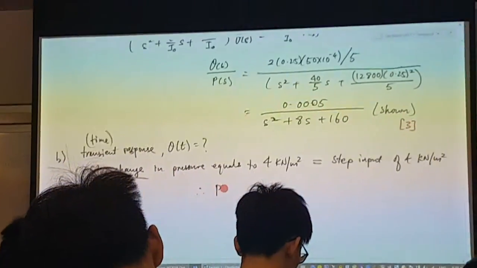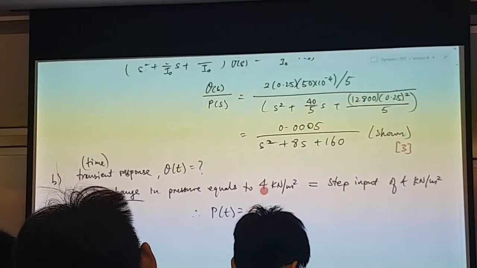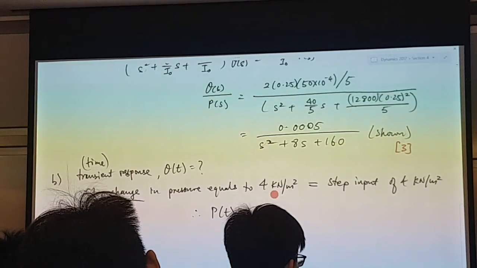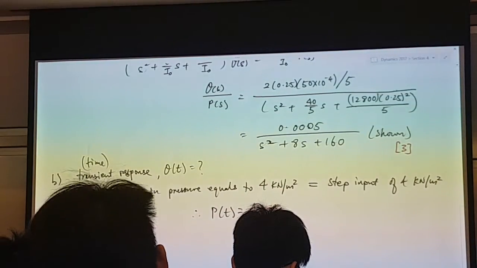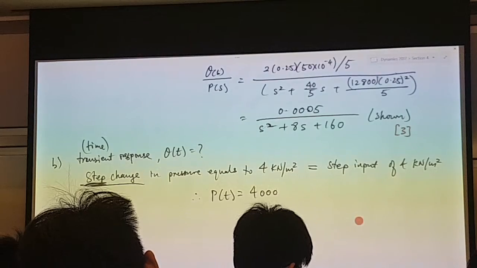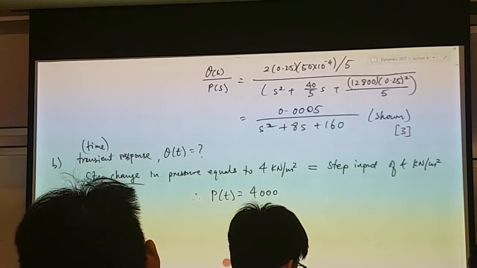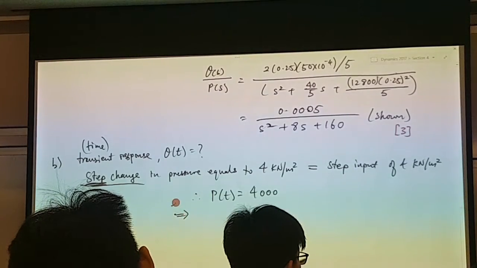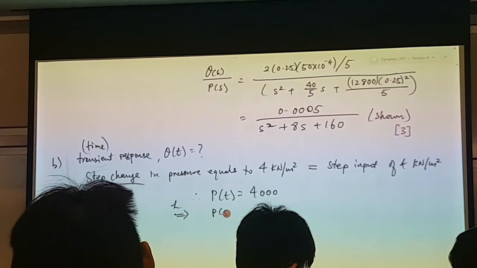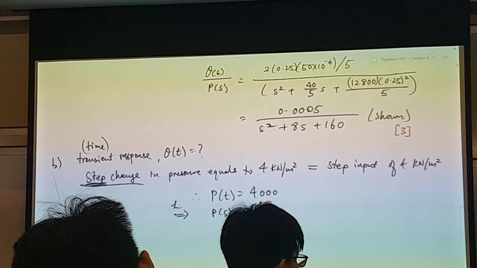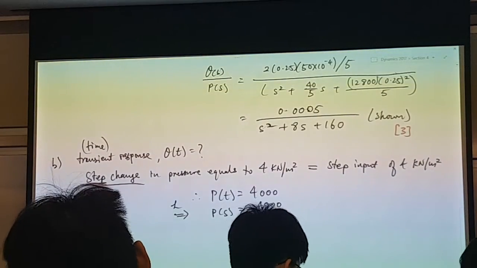So what that means is that your PT would be 4 kilonewtons, so that's 4,000. 4 kilonewtons per meter squared, so I'm not going to write down the units. So if you take the Laplace of this, that means PS now becomes 4,000 divided by s.